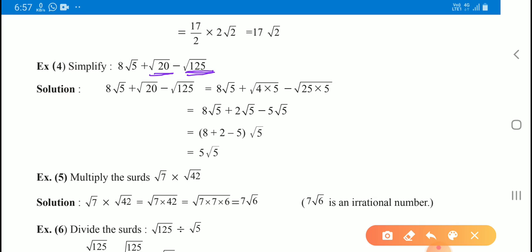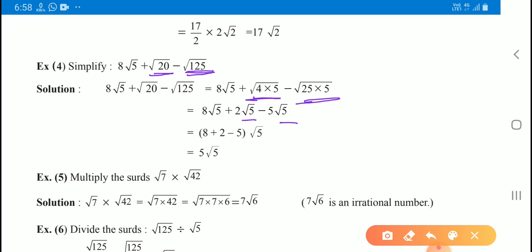These are not like surds. So first of all we have to convert this example into like surds. So we will find the factors of root 20 and root 125. Root 20's factors are 4 and 5, and here 25 and 5. Then how did we solve the first examples? Same way you have to solve this example.